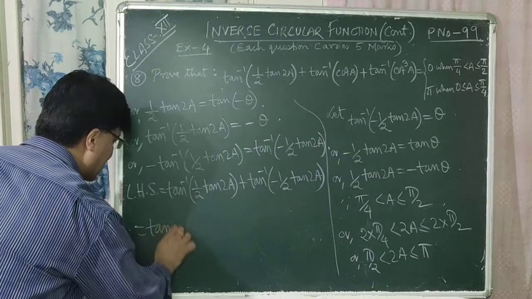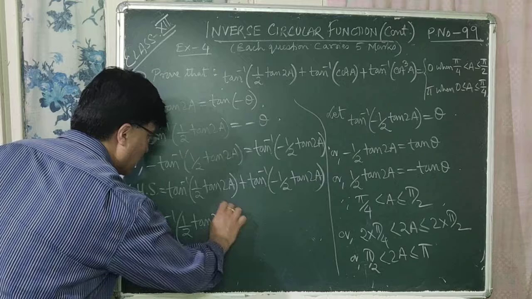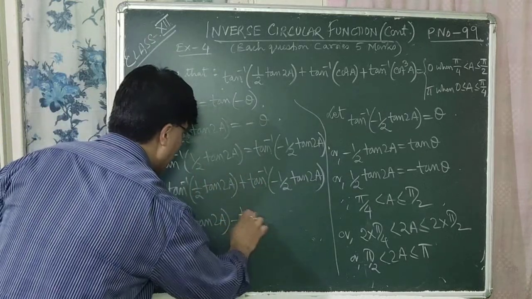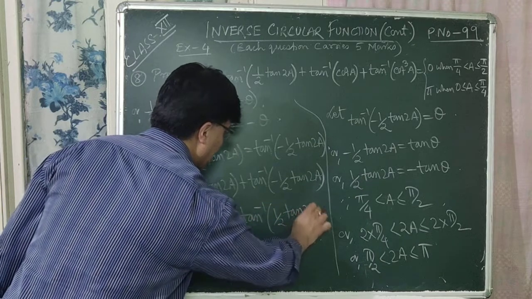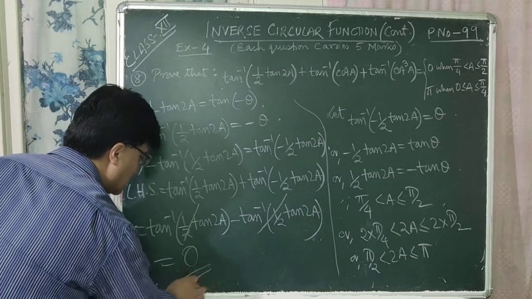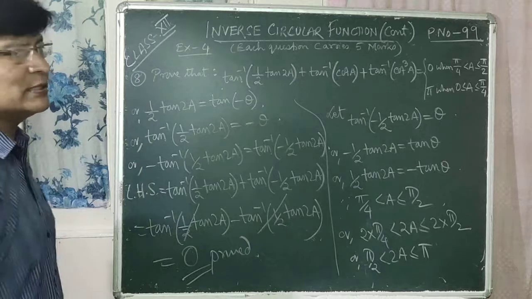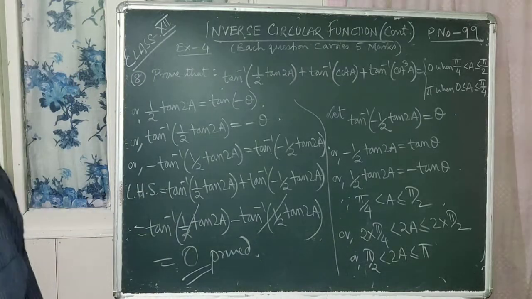Which is equal to tan inverse half tan 2a. So value for this expression is minus tan inverse within bracket half tan 2a. So both of these will be cancelled, which is equal to 0. That is proved. That is first part is done. Now we'll do the second part. You can copy it.